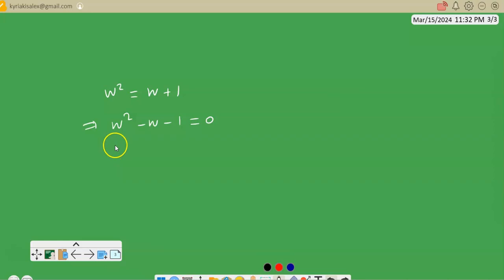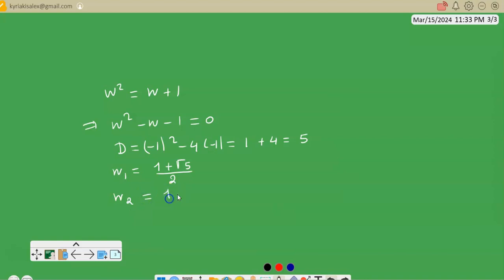It's a quadratic equation. We find the discriminant, which is 5. w1 is 1 plus square root of 5 divided by 2. And the other root is 1 minus square root of 5 divided by 2.